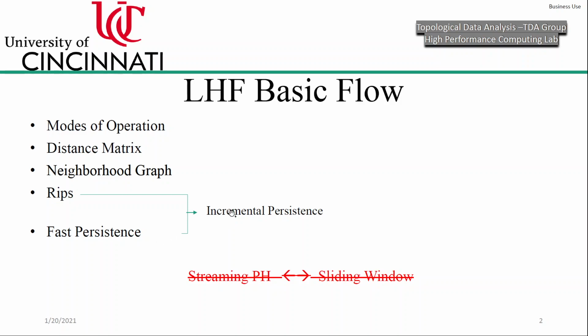We'll also look at incremental persistence, where we generate Rips as we go to higher dimensions while calculating fast persistence. So rather than computing the whole Vietoris-Rips complex at one time, we compute it by dimension in incremental persistence.